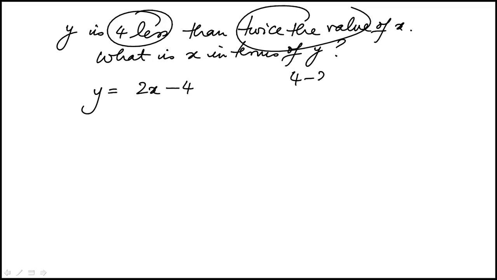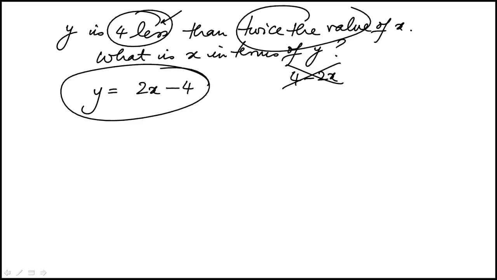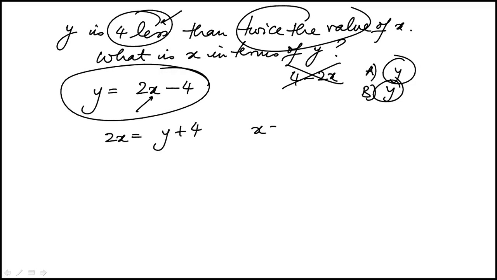So it's not 4 minus 2x, because we're subtracting 4 from twice the value of x. So that's the relationship, and they're asking what is x in terms of y. And the answer choices will all have y terms in it. So that's also your clue that you need to isolate x or have x alone on one side. So in this case, we would add 4 to both sides. It becomes 2x is equal to y plus 4, and then x becomes y plus 4 over 2.